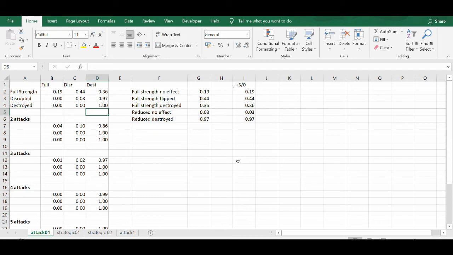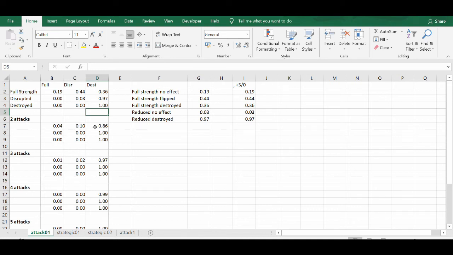Now, how do I then deal with there being multiple attacks? Well, it's very simple. What I do is I use matrix multiplication. I am not going to explain to you how to do matrix multiplication. It is a long, tedious process of calculation. The point is that a spreadsheet can do it for you.